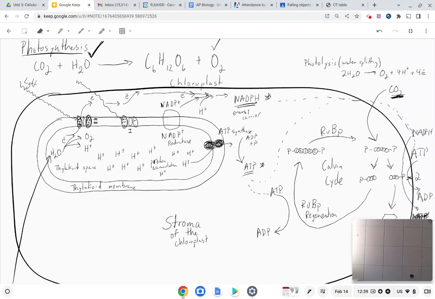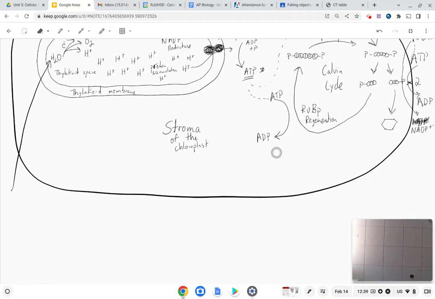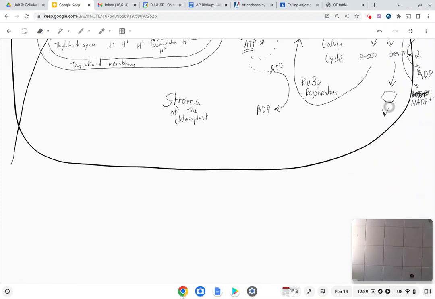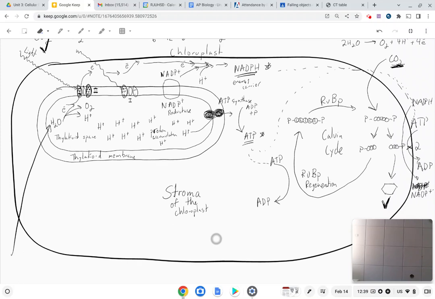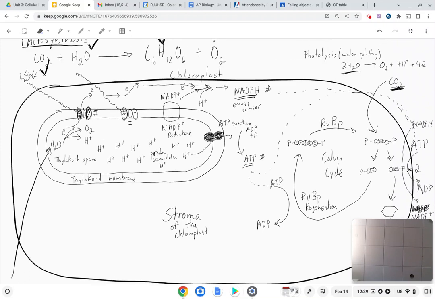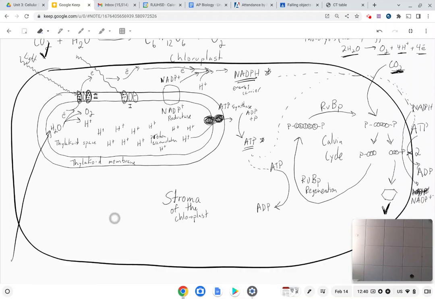Carbon dioxide input, check. And lastly, have we accounted for sugar as an output? Check, right here. That's where it's made. So we're good. We already went over the water splitting. We showed that process over here.